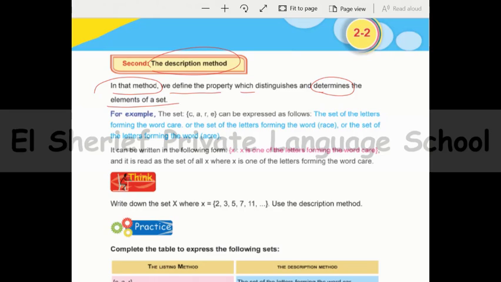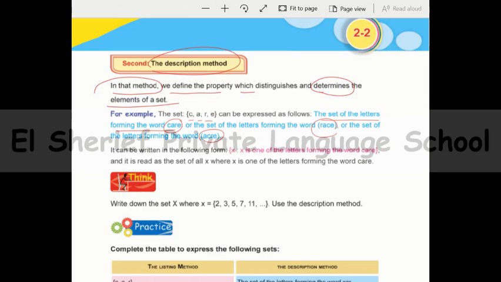For example, the set of C and A and R and E can be expressed by using the description method: the set of letters forming the word care, or the set of the letters forming the word race, or the set of the letters forming the word acre.